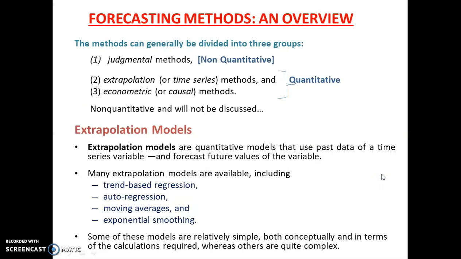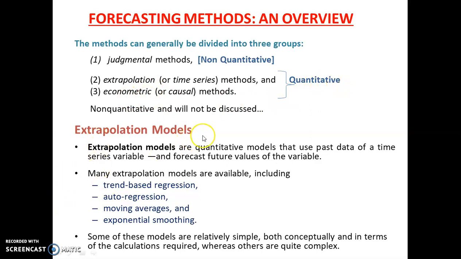Again, these methods can generally be divided into three groups: judgment methods, extrapolation, and econometrics. Judgment methods come under non-quantitative, and the other two, extrapolation and econometrics, come under quantitative.